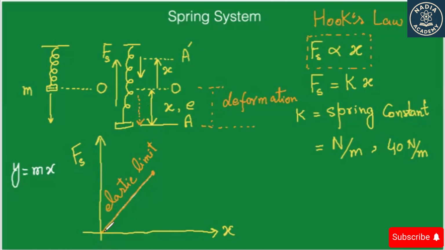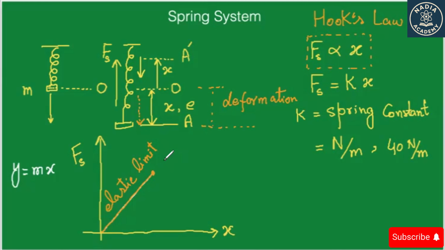So we can say that the force which the material is applying against our external force to remove the deformation is equal. And this will happen only and only within the elastic limit.